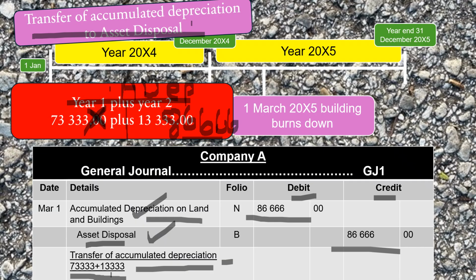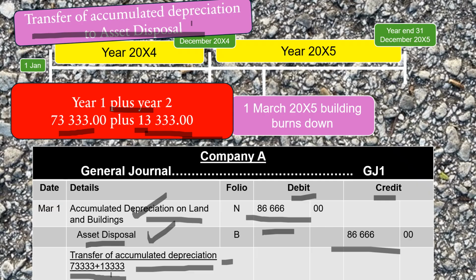How did we get that 86,666 of accumulated depreciation? It was year 1 plus depreciation up until the date of the burning, which is 86,666. And both those two amounts would have been transferred to the accumulated depreciation account, and that was closed off to asset disposal, as per this journal entry in front of you.